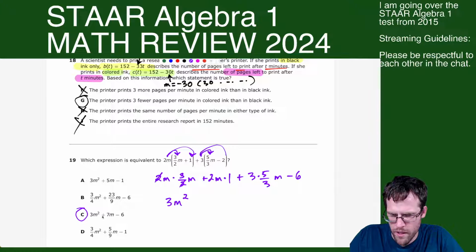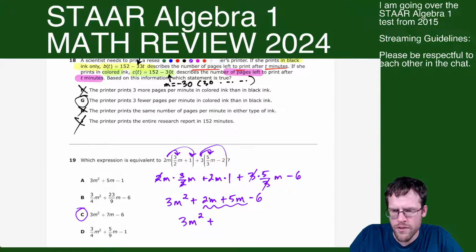So you see this term matches. And now I have plus 2m times 1 is 2m. 3 over 3 cancels, so I have plus 5m. Then I have minus 6. And notice these are like terms. So if I do 2m plus 5m, I'm just going to add the coefficients. 2 plus 5 is 7. So I get this, choice C.